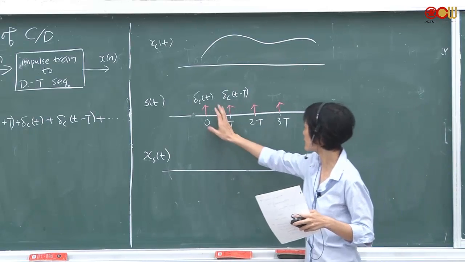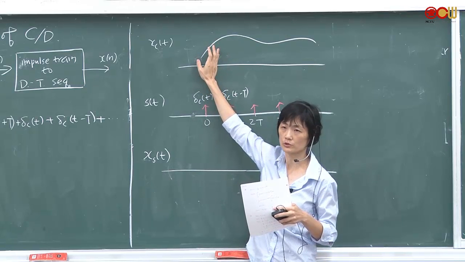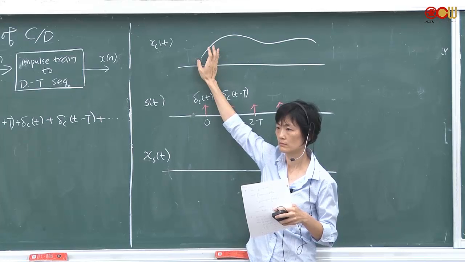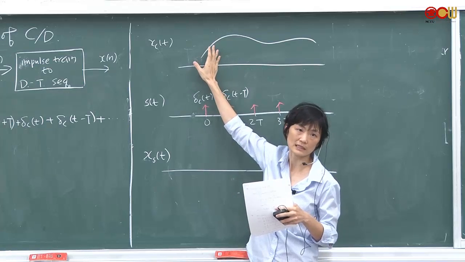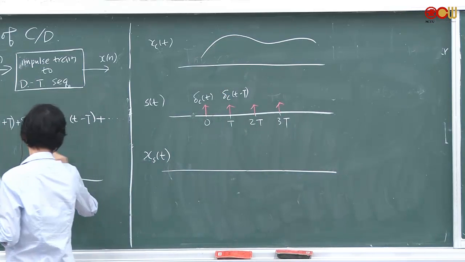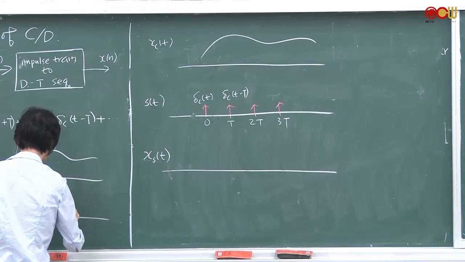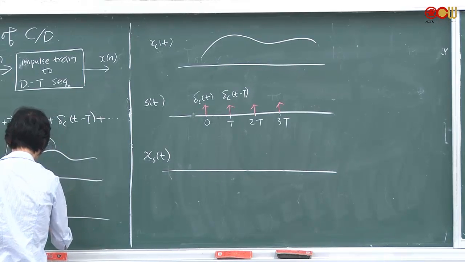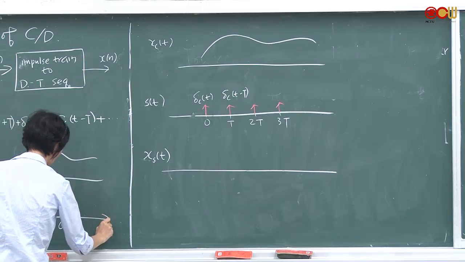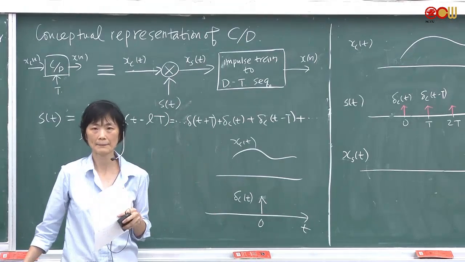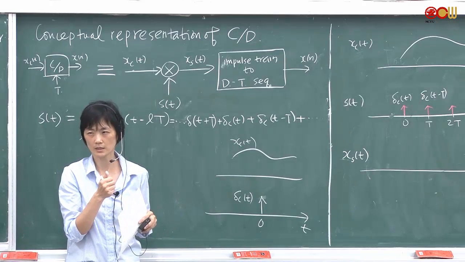All right. So now let me ask you a question. When we multiply an impulse with a signal, what's going to happen? What will be the result? Let's say we have a signal here, and we have an impulse here, delta ct at 0. We multiply these two together. What do we get?